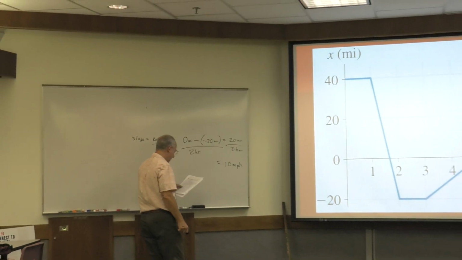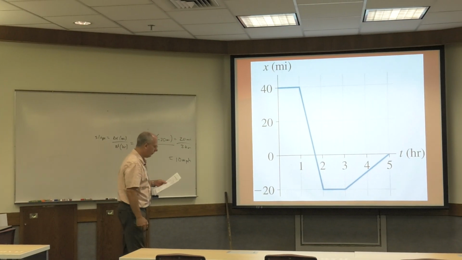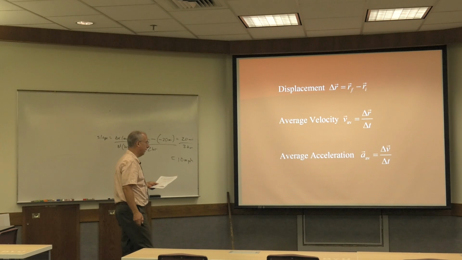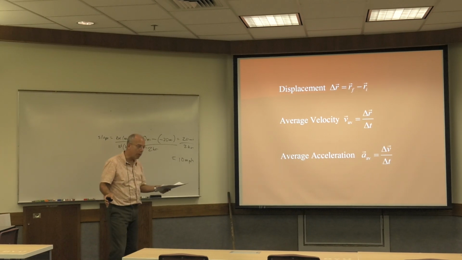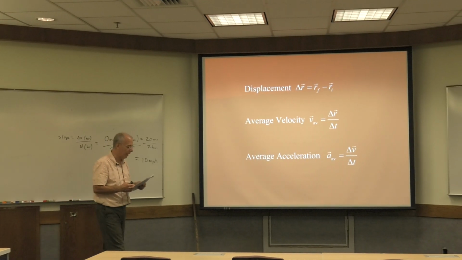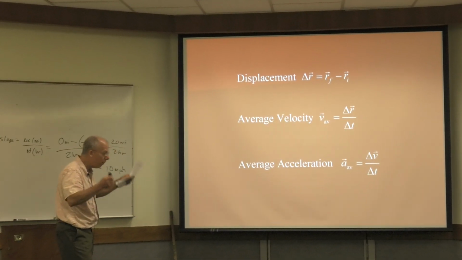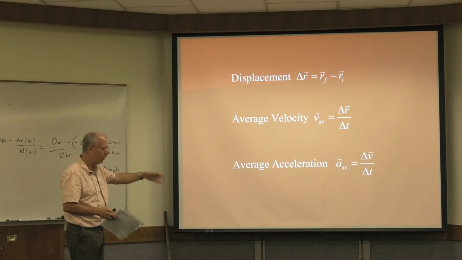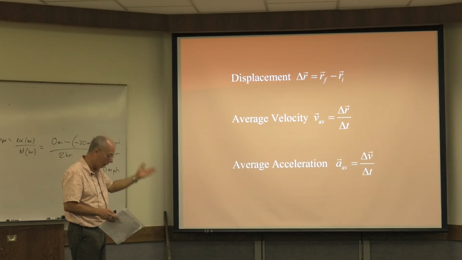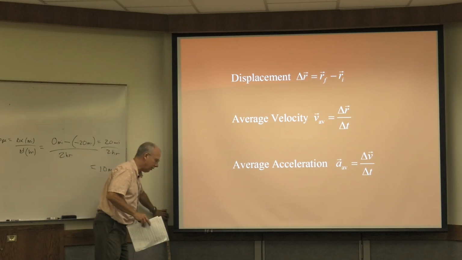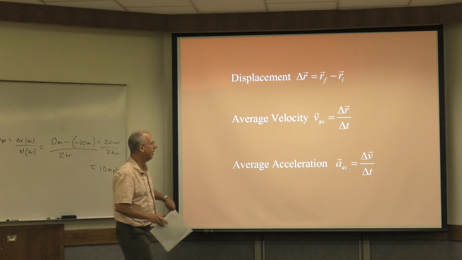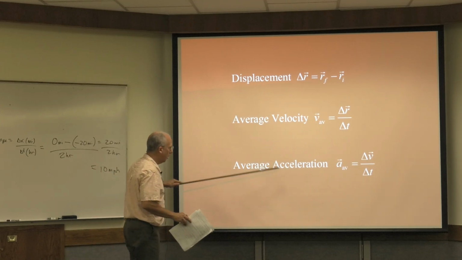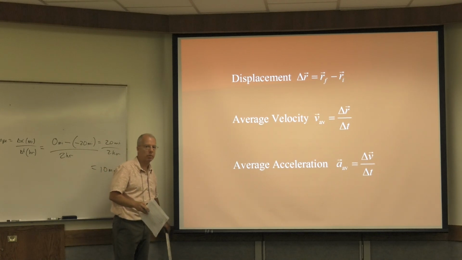All right. Now, here's the wonderful thing. When you're describing motion, and that's all we're doing in this chapter, this is it: displacement, velocity, acceleration. I'm not totally giving you the complete truth because these are averages. We're going to learn the instantaneous values pretty soon.